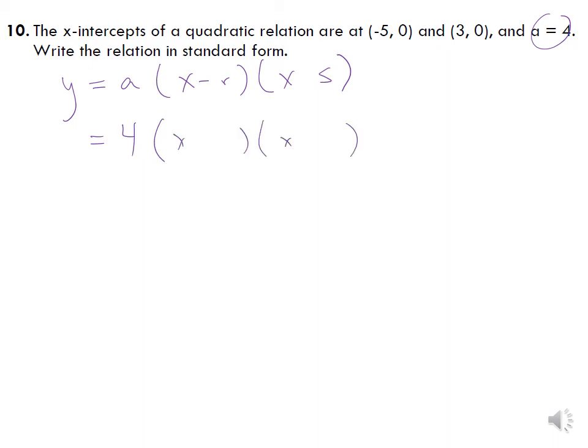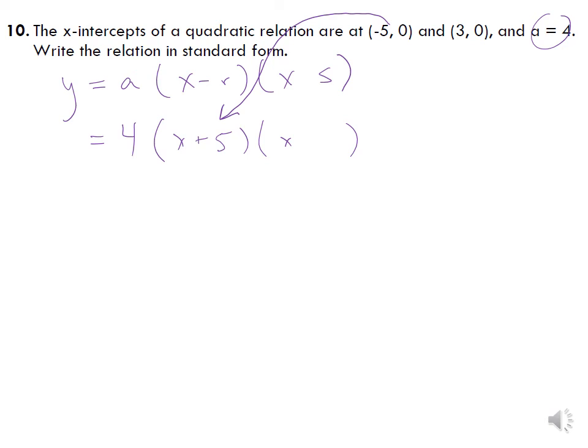So if there's a 0 at -5, remember stuff with x always tends to be opposite. So if there's a 0 at -5, that means that one of these has got to be plus 5, because -5 plus 5 gives you 0. So this kind of goes with this one, because again, -5 plus 5 is 0.